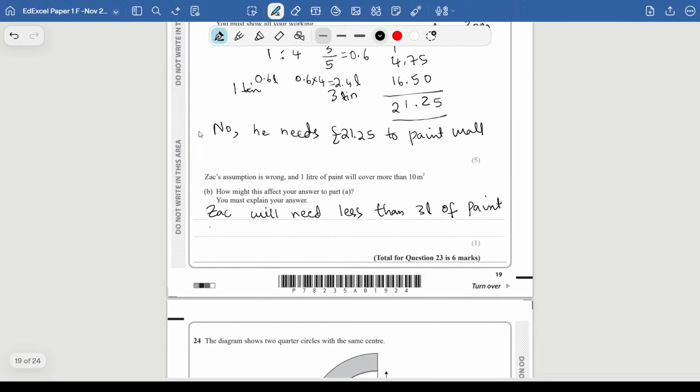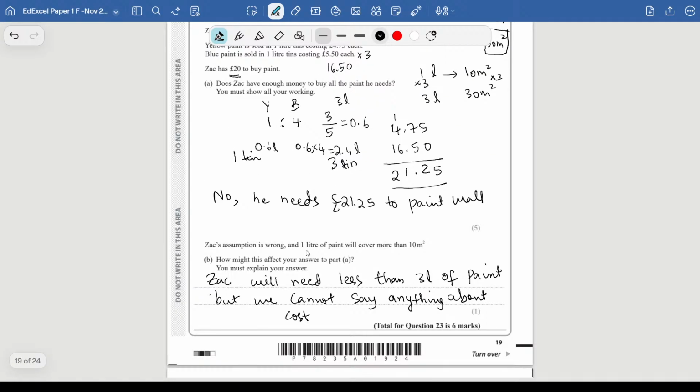We cannot comment on that, but we can say that yes, he needs less paint than he's assuming, but we cannot say anything about the cost, because we don't have sufficient information to judge that.